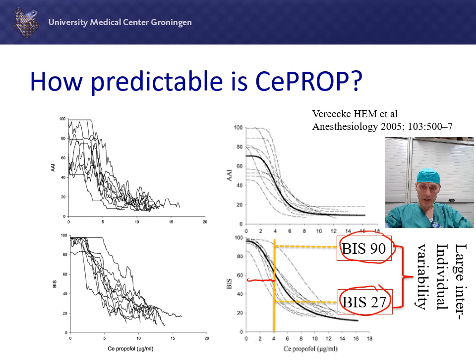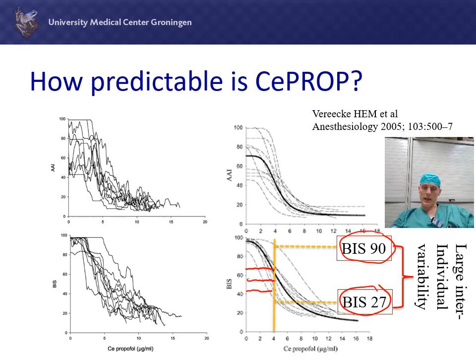And indeed, if you look at the majority of our patients, you see that they are within a range of, let's say, 45 to 65 BIS. So this study was done without opioids. If you add opioids to 4 micrograms per milliliter of propofol, you will end up with a BIS of 50, and the majority of your patients will be between 40 and 60. But in this specific study, it was a little higher because of the lack of opioids.